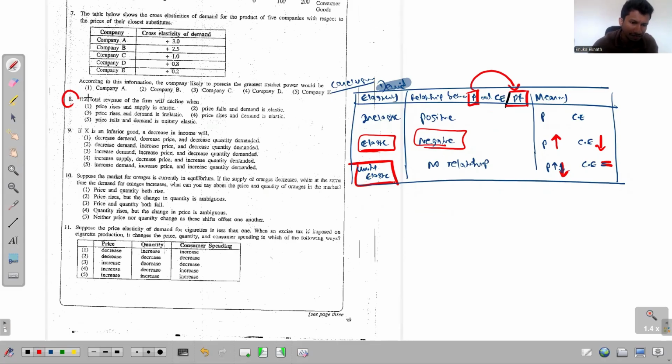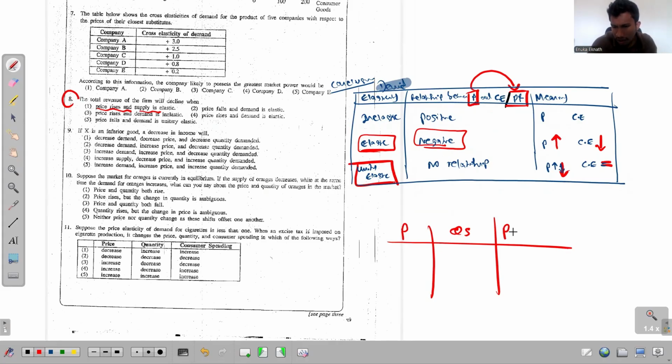In the first one, it says price rises and the supply is elastic. Let's assume so. We have the price and the quantity supplied, and on this side we have the producer's revenue, which is the multiplication of price and quantity supplied. The supply is elastic. Let's say that initially the price is 100, and the quantity supplied is also 100. If the supply is elastic, when prices go up slightly, the quantity supplied should increase significantly.